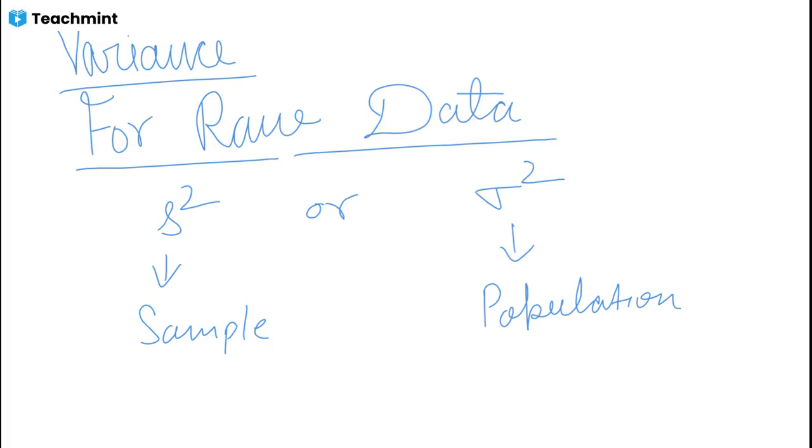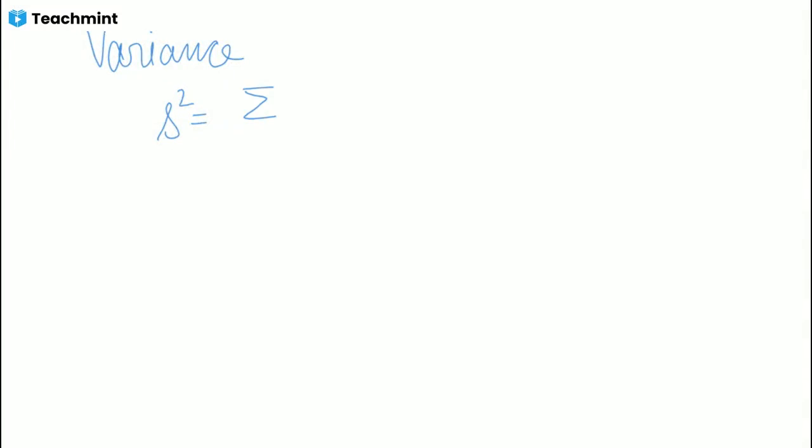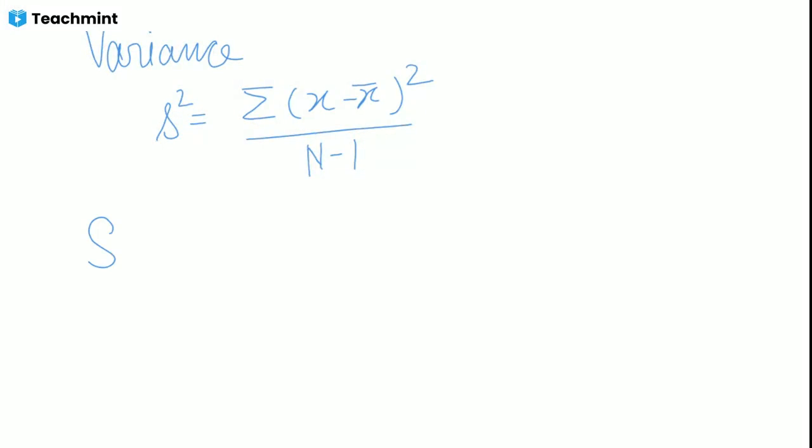And we usually use the symbol small s. So the formula to find variance: we are finding it for sample, so that is why we are using s square, and that is equal to, for raw data, summation of (x minus x bar) square over n minus 1. And standard deviation is the square root of that.